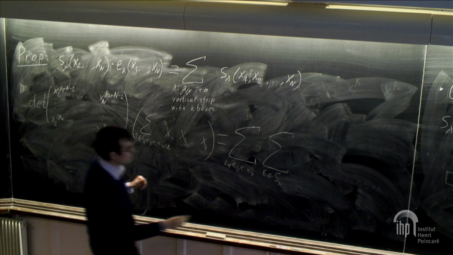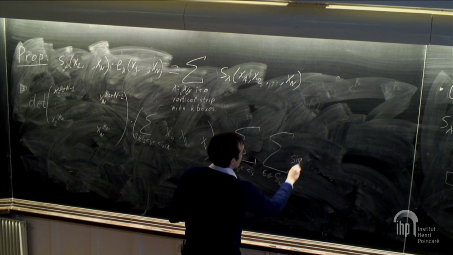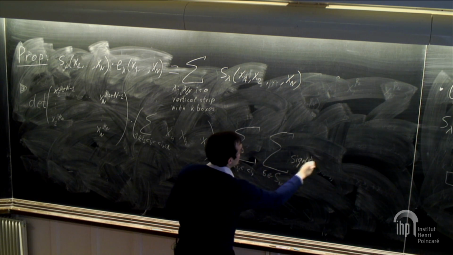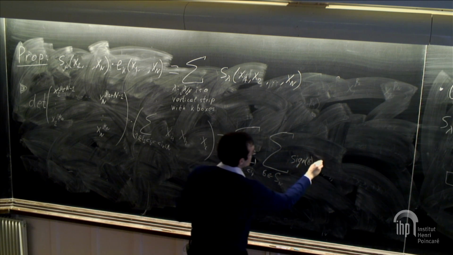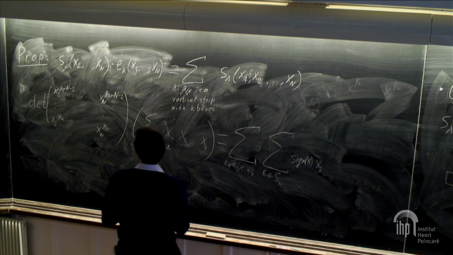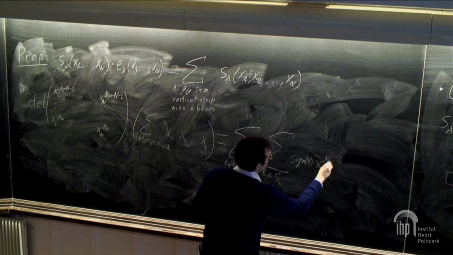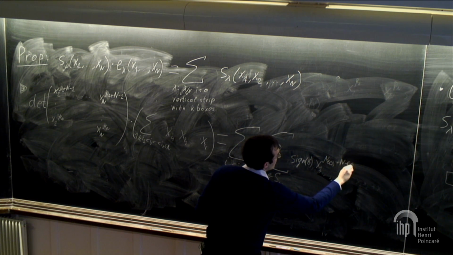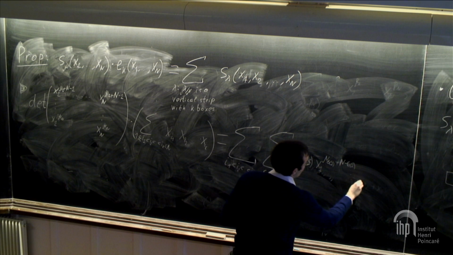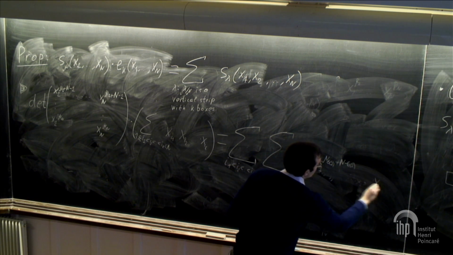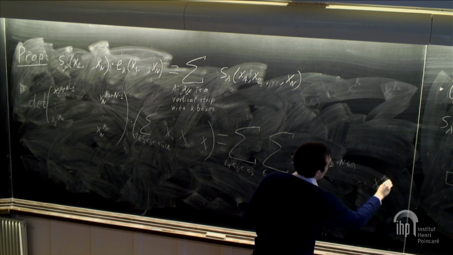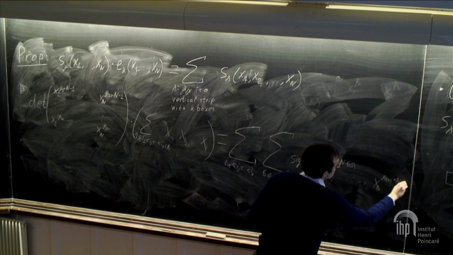I need to write the sign of sigma, then x1 to the power mu sigma of 1 plus n minus sigma of 1, and so on up to xn to the power mu of sigma of n plus n minus sigma of n.